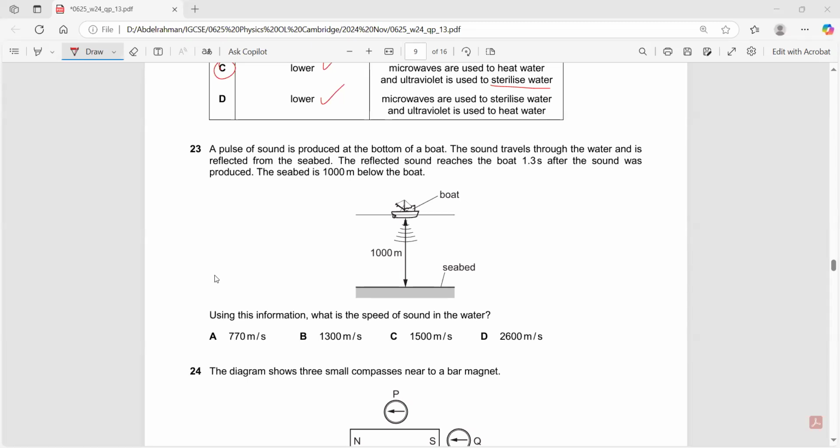This is an echo. So basically 2 distance over time. 2 times 1000 divided by 1.3, which is around 1540 or 1500 meters per second. Right?